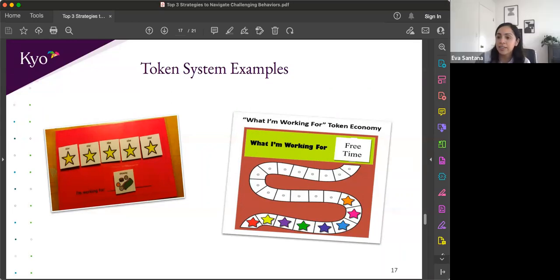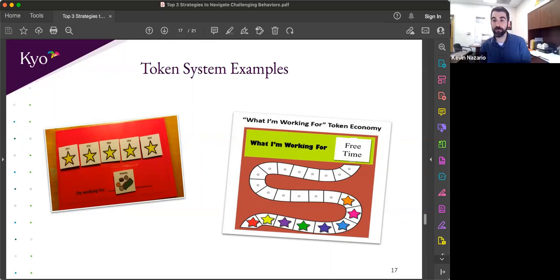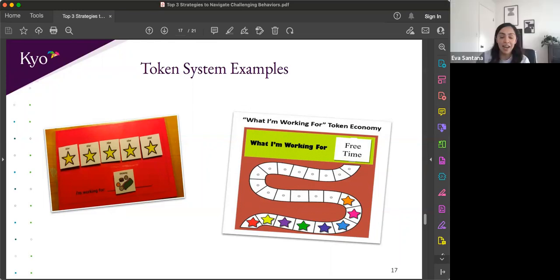Awesome. And I see Bill here says that his son uses a point system at school and banks points to buy rewards from a menu. Yeah, I absolutely love that. One thing that is not mentioned here is that you can also delay or time when you want your child or your student to earn that reinforcer. So maybe at the end of the day, once they hit a certain number of points or tokens, they get that reinforcement, or maybe they store those points, and at the end of the week, they can earn something larger, like a pizza party or a larger toy of some sort.